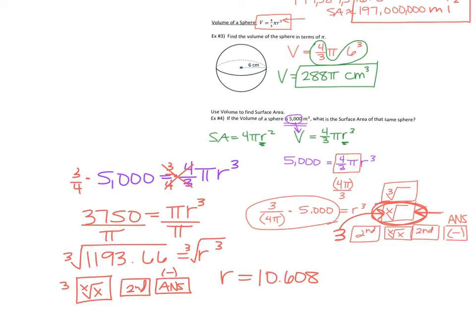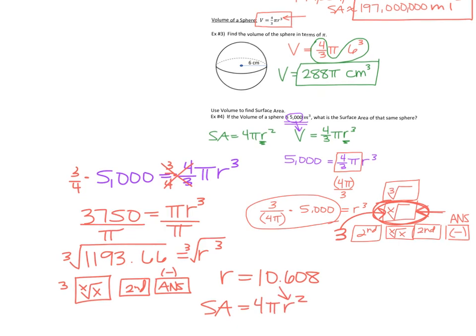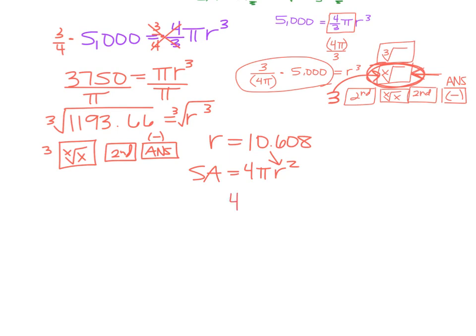This sounds like a ton of work, right? It's just because I showed you 2 different ways. It's not as bad as it seems. What is the surface area? Surface area is 4 pi r squared. So we're going to take this number and we're going to plug it in there. 4 times pi times 10.608 squared. Okay, we're just squaring this number.